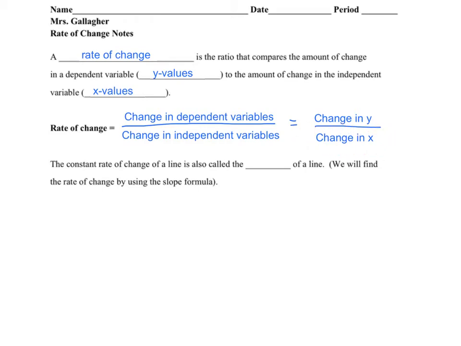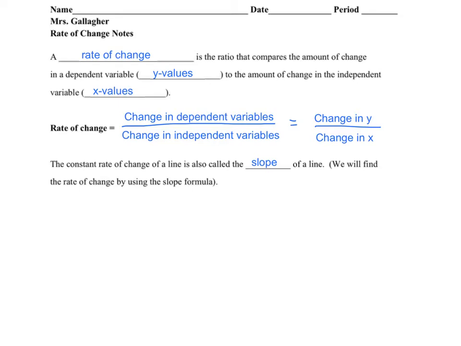Now, what is the change in y over the change in x also known as? That's also known as your slope. Therefore, the constant rate of change of a line is also called the slope of a line. We will find the rate of change by using the slope formula.